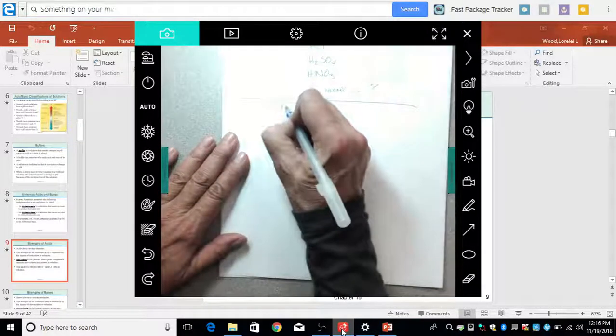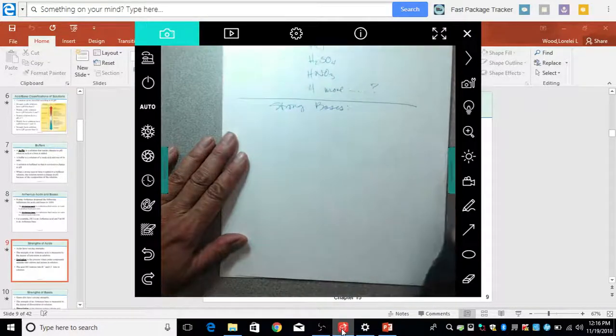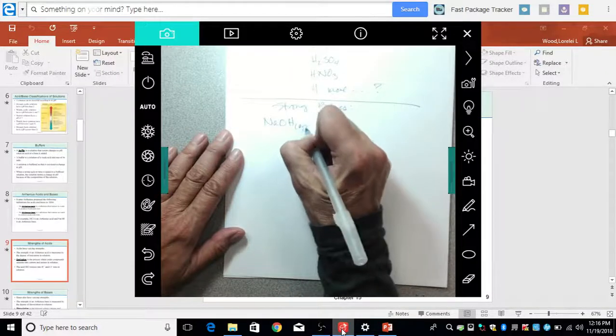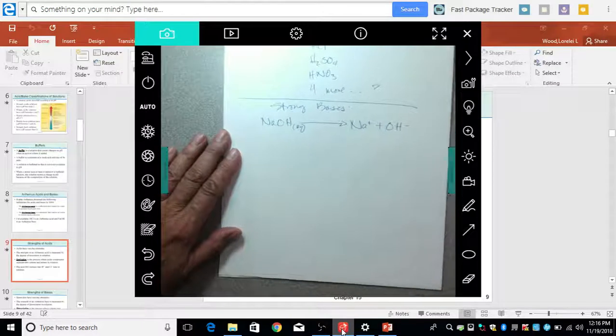Same thing with strong bases. Now, strong bases are easy to remember. Strong bases, something like sodium hydroxide. If it's an aqueous solution, it's going to dissociate completely into its component ions.